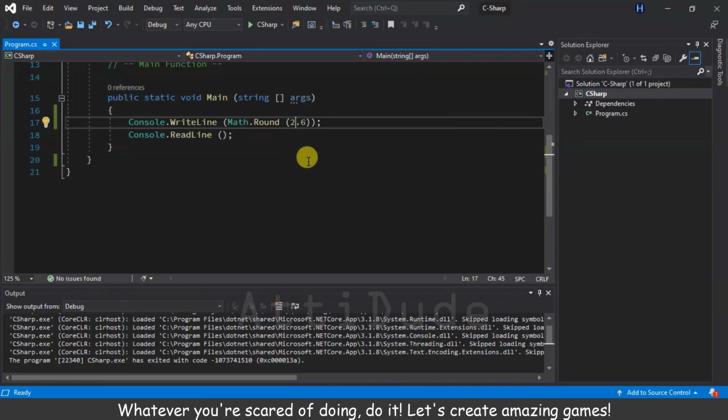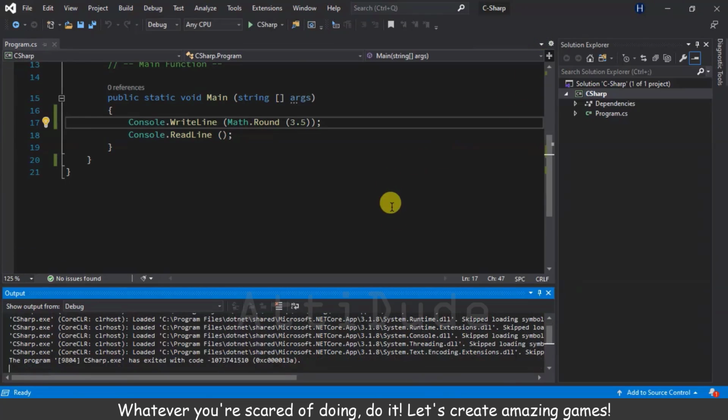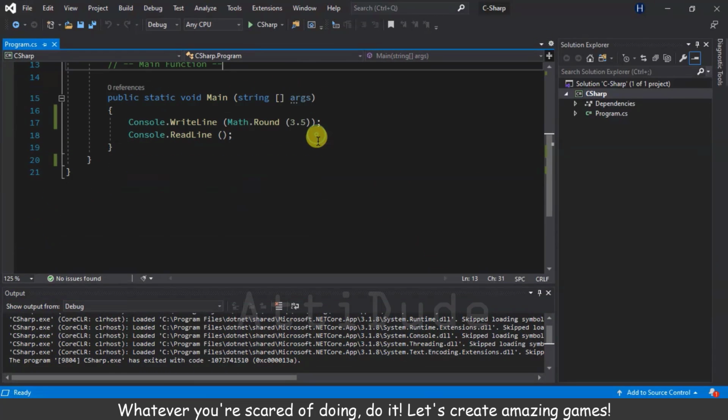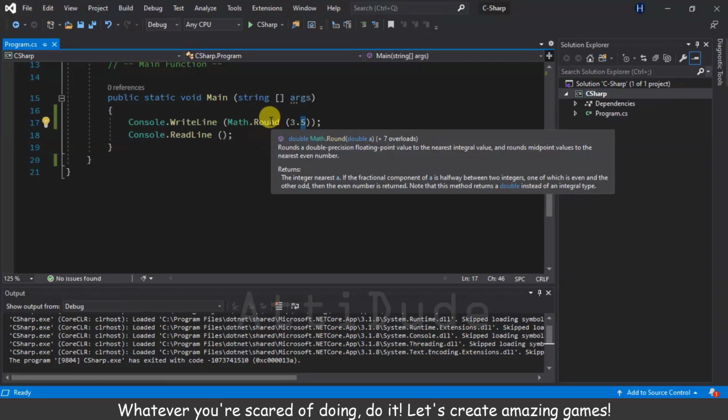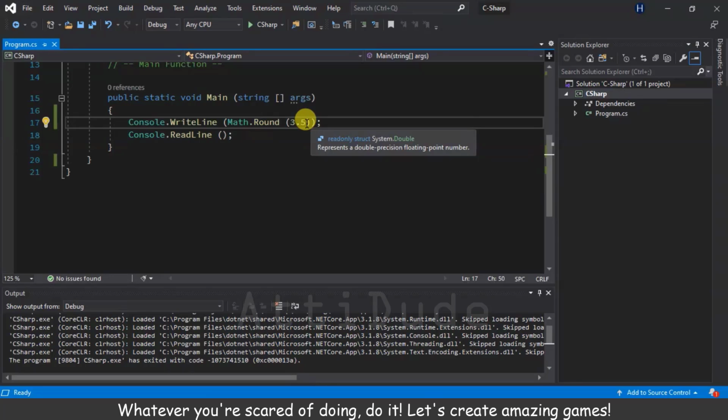Okay, I understood that. The even number will be returned, like you have right here. It works like if it is between those, like we have 0.5, then what Math.Round will do is just round to the number that is even.